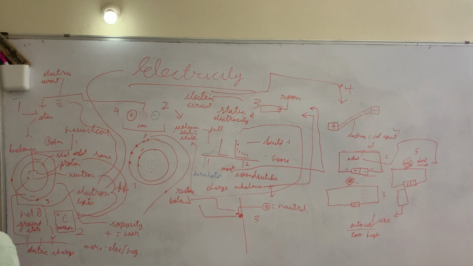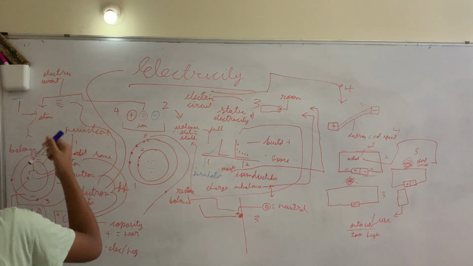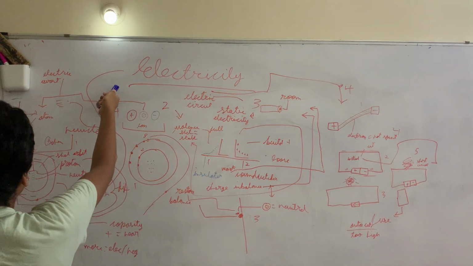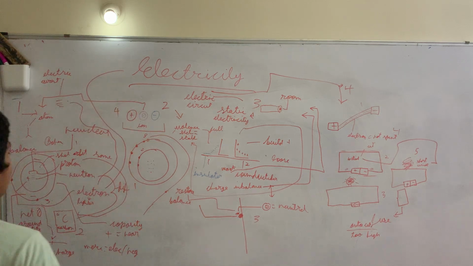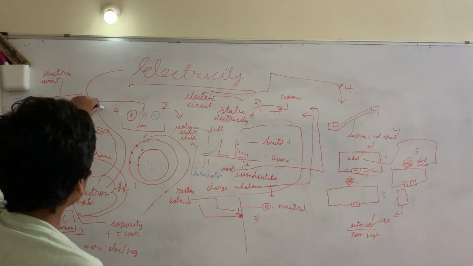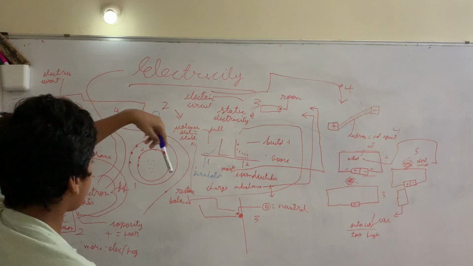Now that we know about that, let's keep one thing straight. As we know, electrons are light and super fast, and that's what makes electricity and an electric current. From now on, we're going to color code these.